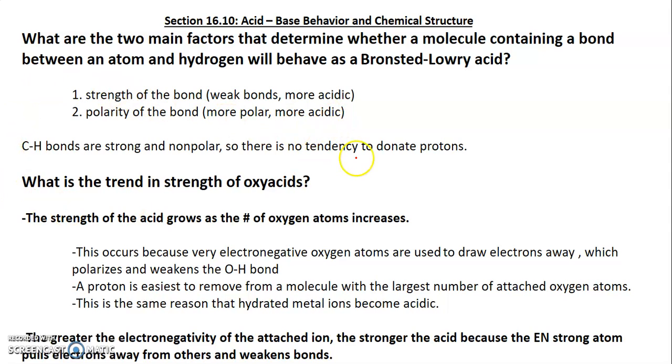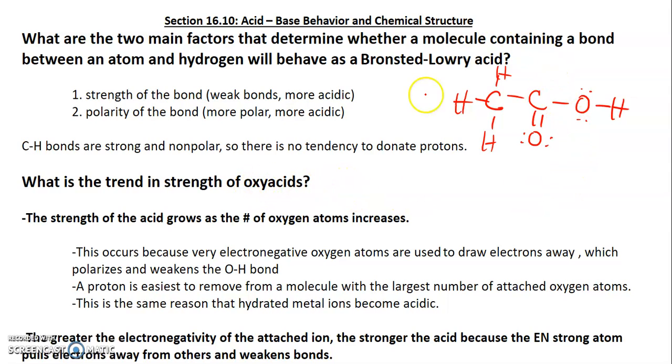For example, this goes back to the acetic acid example that we had looked at earlier in the unit. Let me just draw the Lewis structure. The bond between carbon and hydrogen is strong and relatively nonpolar, so they don't have a tendency to donate a proton at all.